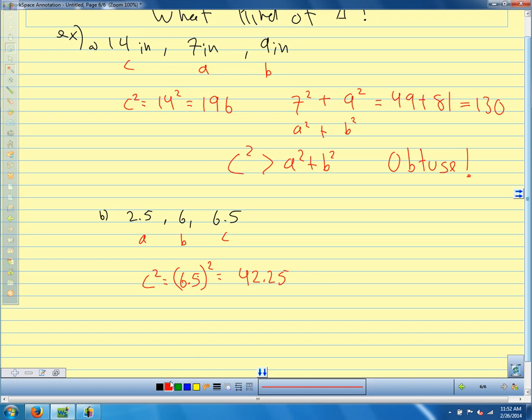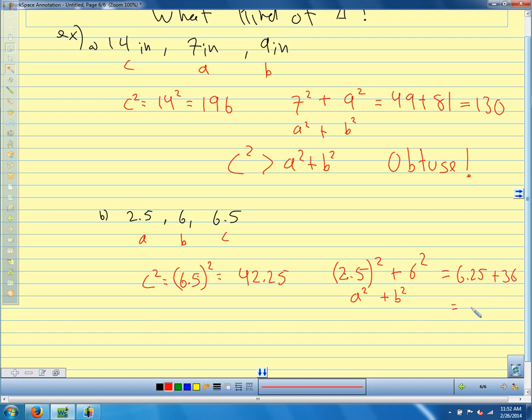And then we're going to do 2.5 squared plus 6 squared. And that's A squared plus B squared. And we get 2.5 squared is 6.25 plus 36.